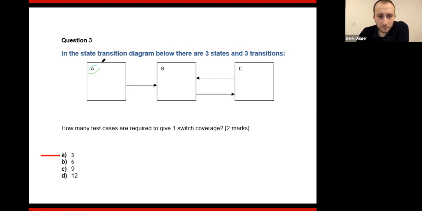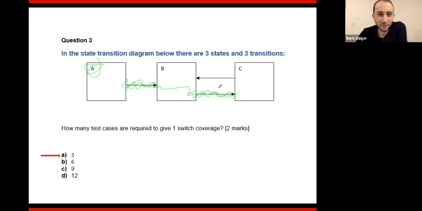Start with A and try to figure out how many ways exist with 2 transitions. Actually, this is the only scenario with 2 transitions. You cannot go anywhere other than this scenario.